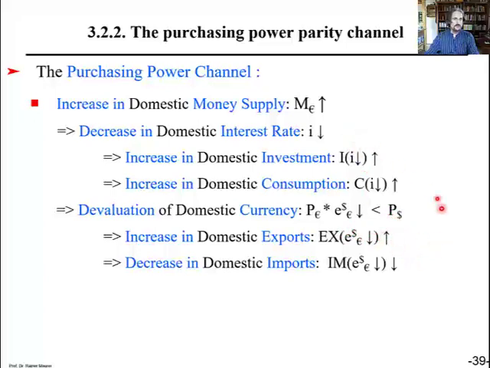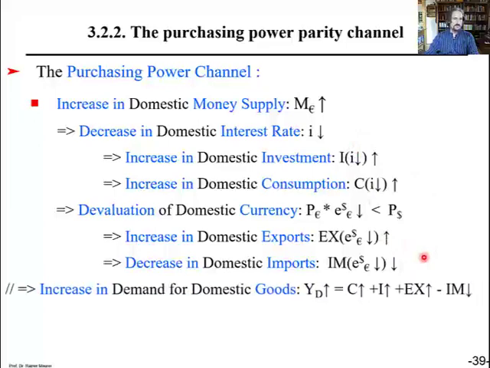If we take now all these effects together, then we can observe that the total domestic demand, all components of domestic demand, gets larger. Consumption gets larger, domestic investment gets larger, export demand gets larger, and import demand gets smaller, but import demand depends negatively on total domestic demand, and as a result this also increases total domestic demand, the demand for domestic goods.